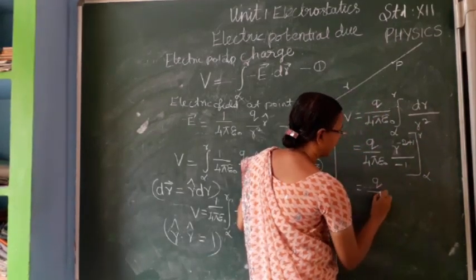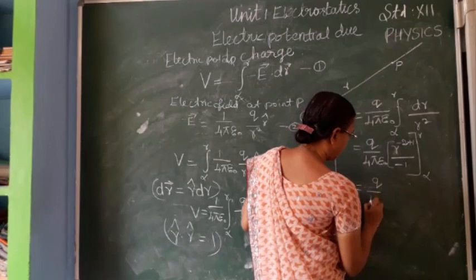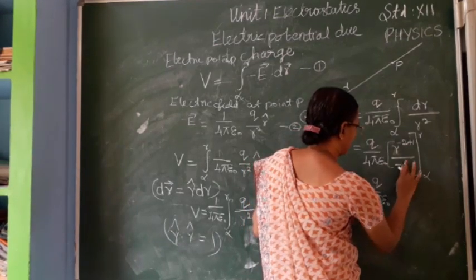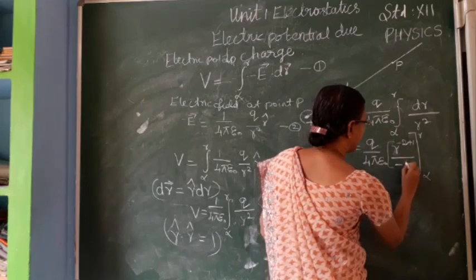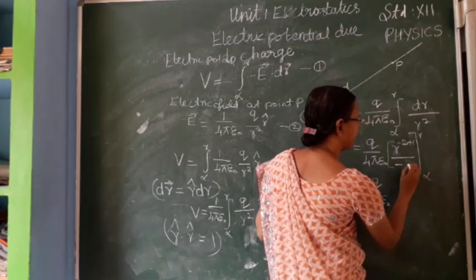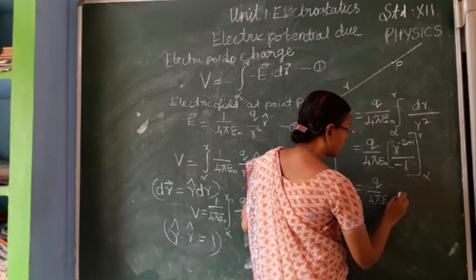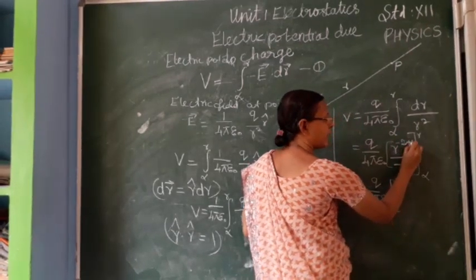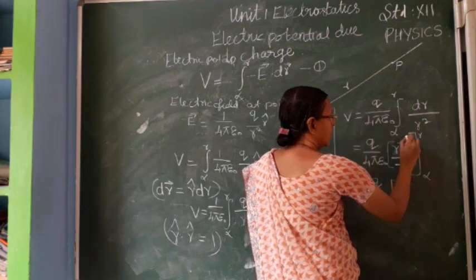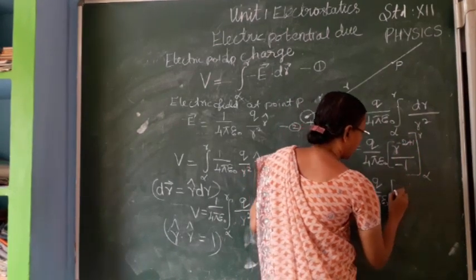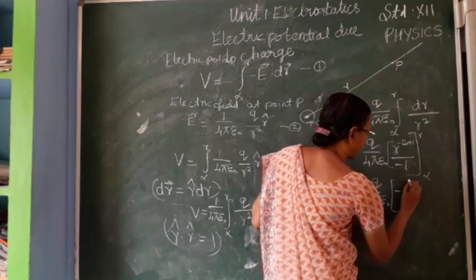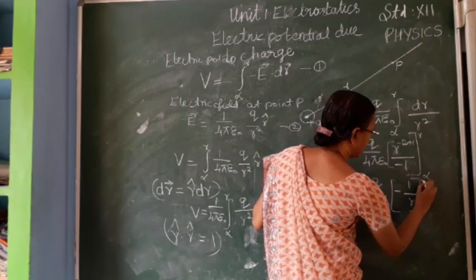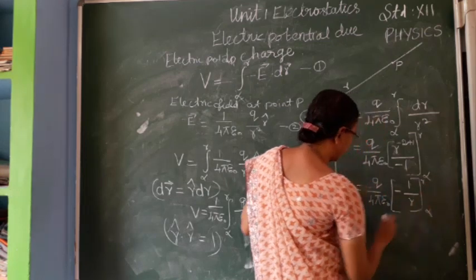So Q divided by 4 pi epsilon 0. Here also minus 2 plus 1, so it will become minus 1. So this minus will come here, R power minus 2 plus 1 is R power minus 1. So minus 1 by R, okay, R infinity to R.